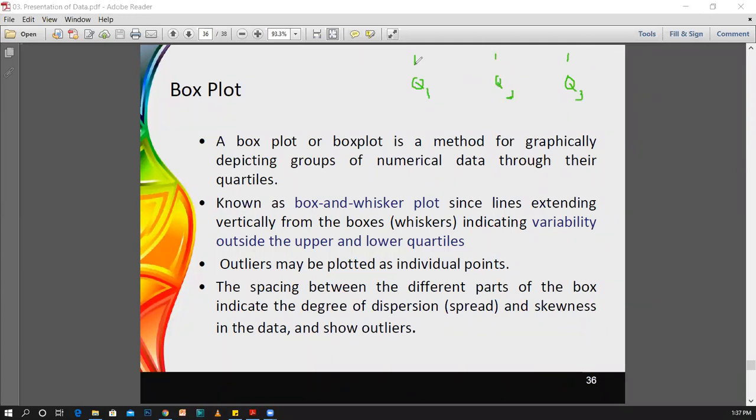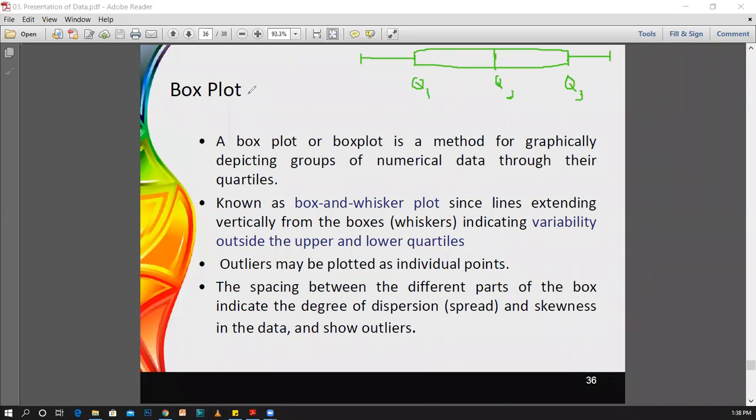Then you connect them with lines. Once you obtain these vertical and horizontal connected lines, you get a box. Therefore, we call it a box plot, and then you can mark the lower limit and the upper limit. These are said to be the whisker lines, so we can name this the box and whisker plot also.